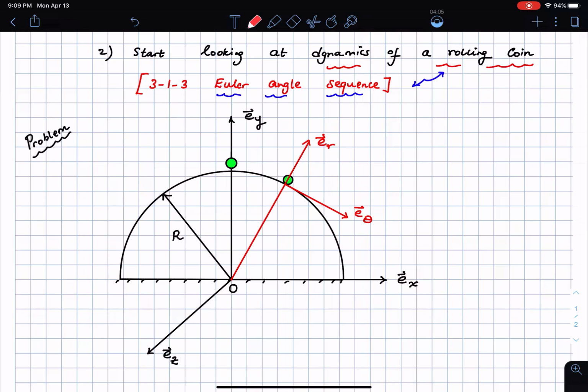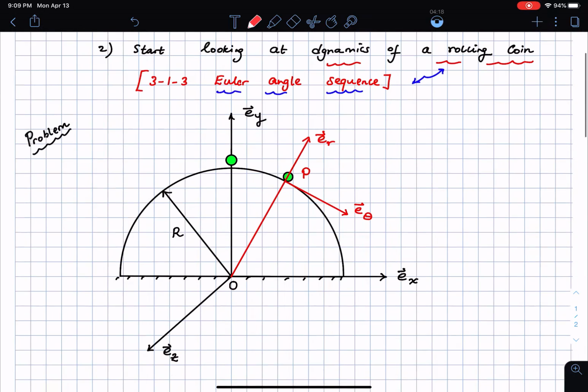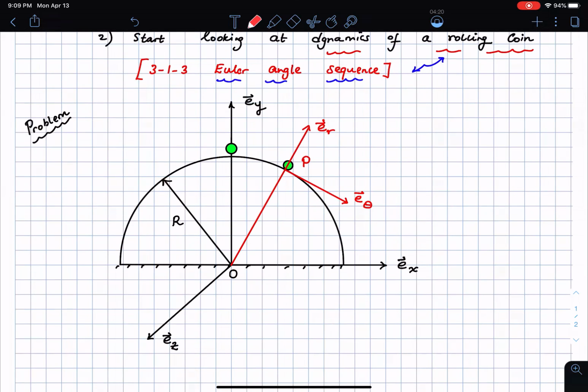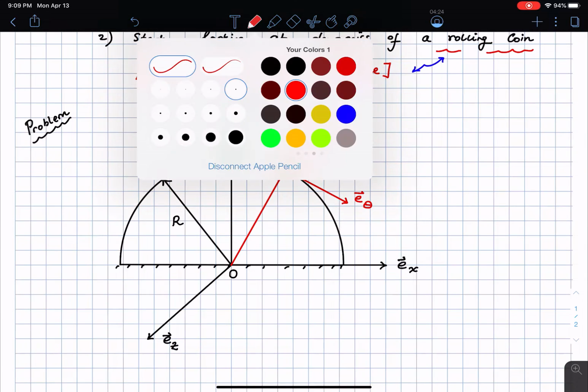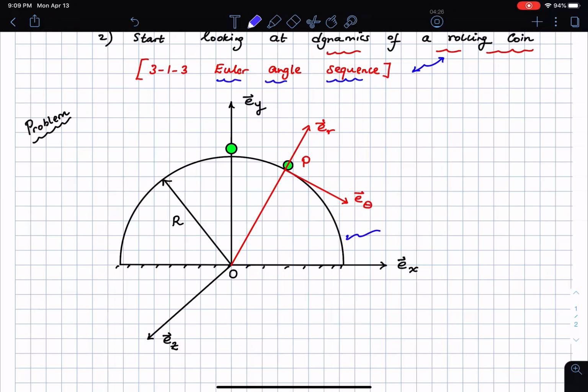Of course er and e theta are perpendicular to each other. So this is the particle P. Let us assume that the surface of this semi-cylindrical surface is rough.